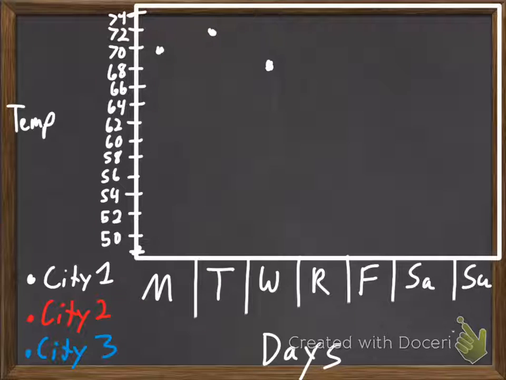Thursday is 71. Friday 72. Saturday 67. And Sunday it was 72 again. Then we're going to connect these all.